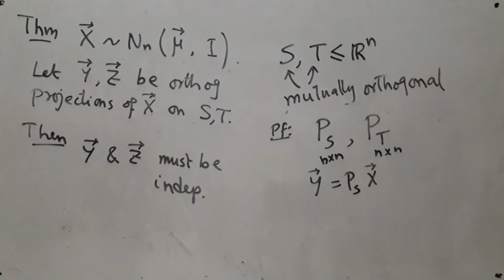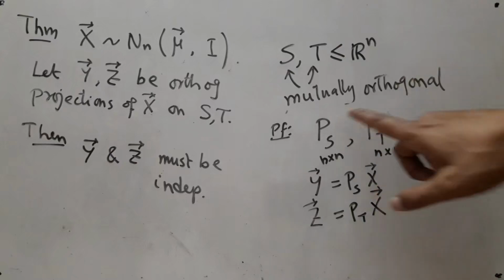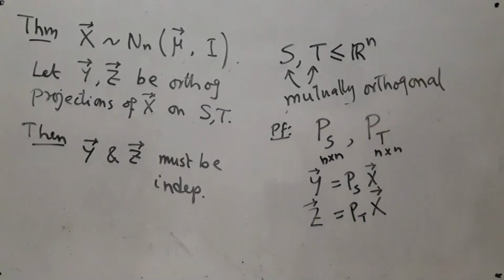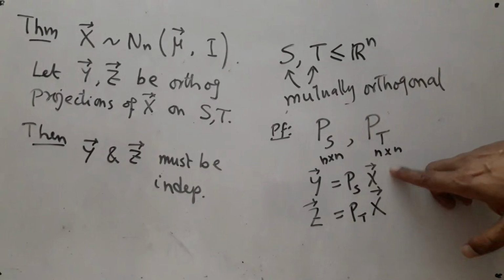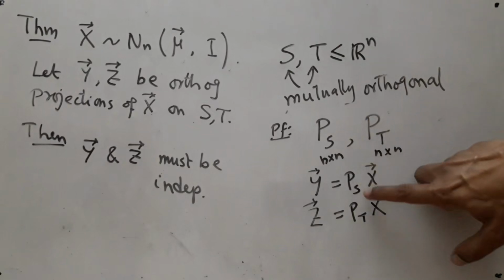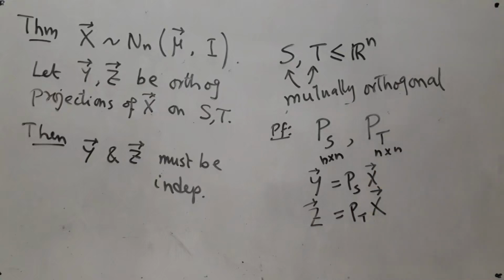Similarly for z. Now I hope you know that for any orthogonal projection operation, PS and PT should be symmetric matrices. In fact, they should be symmetric and idempotent. I do not care about the idempotence here. All that I need is that they must be symmetric matrices. I am to show that they are independent. Now I already know from the last theorem, all that I have to show is PS PT transpose equals 0.